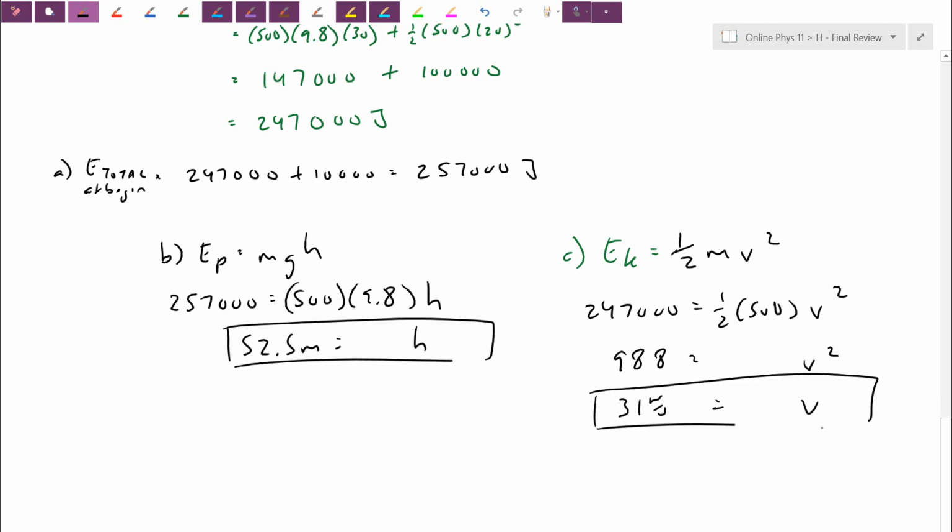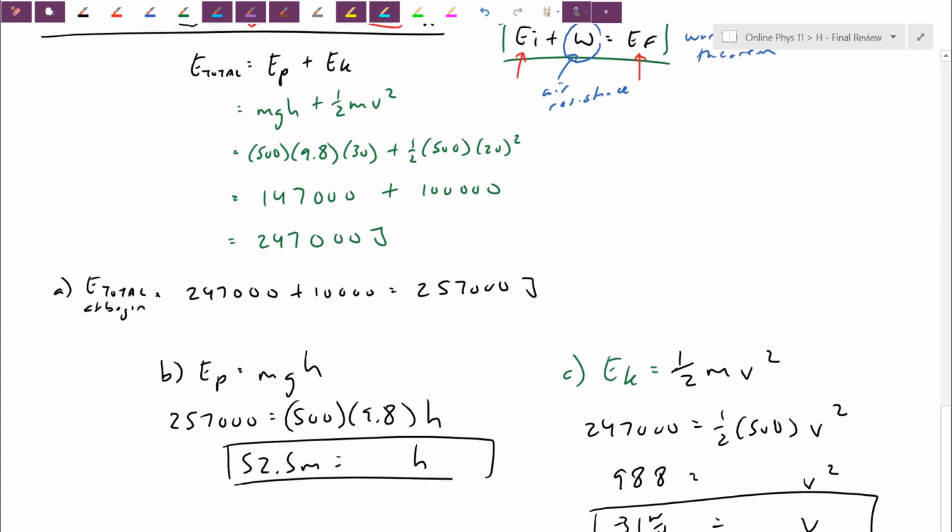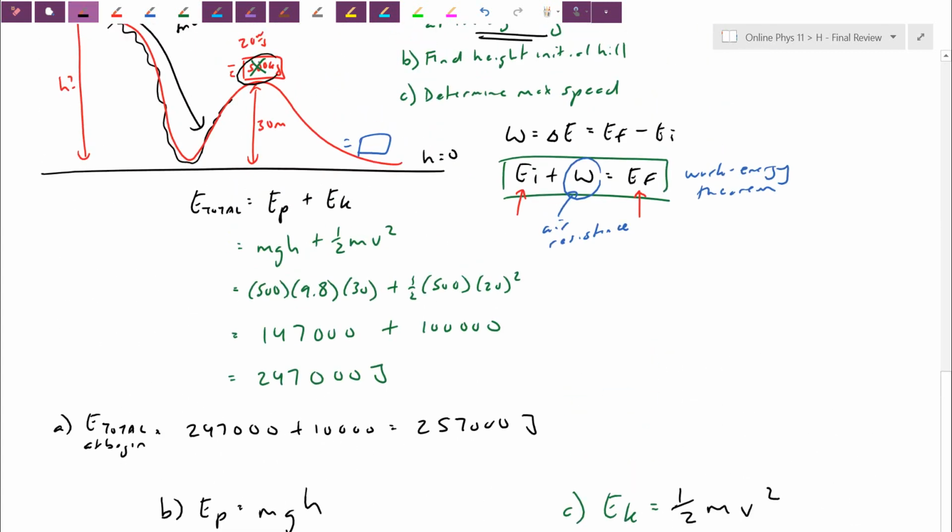And as expected, this speed here is faster than the speed I had at the first hill because some of that energy was still locked away in that hill there. Right? Okay, so that practices for us two formulas for work. One is force times distance. The other is change in energy. We dealt with this work energy theorem. Were it not for any work, energy is also conserved. It being a scalar, I just basically need to add up all the numbers.